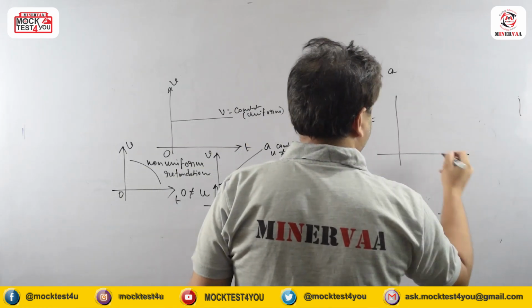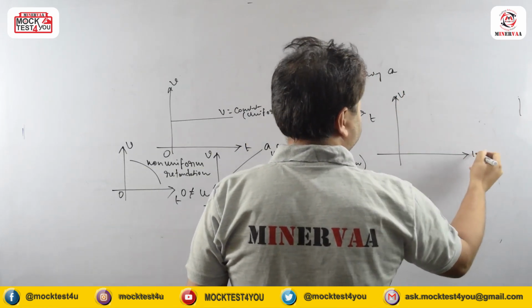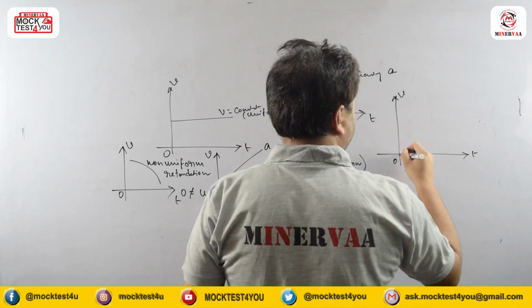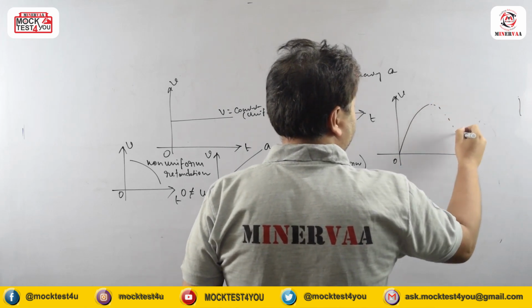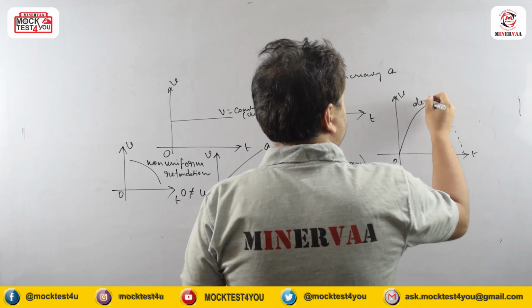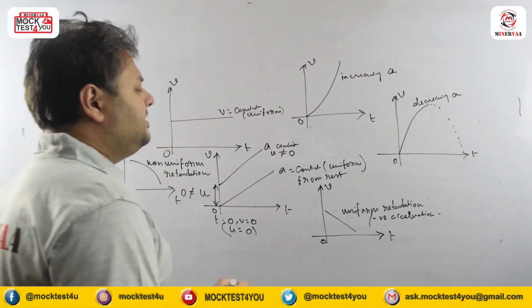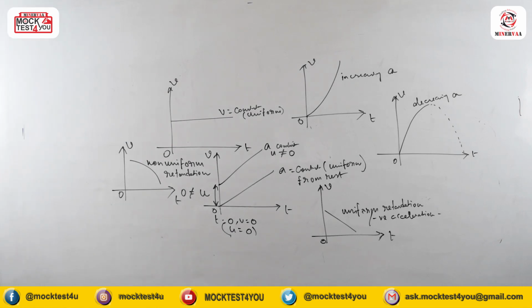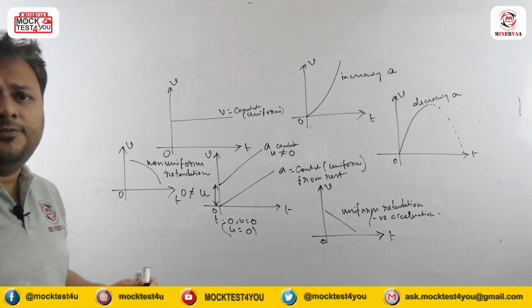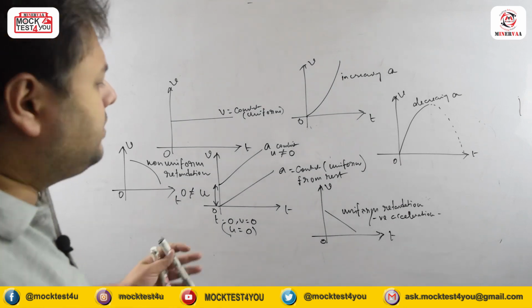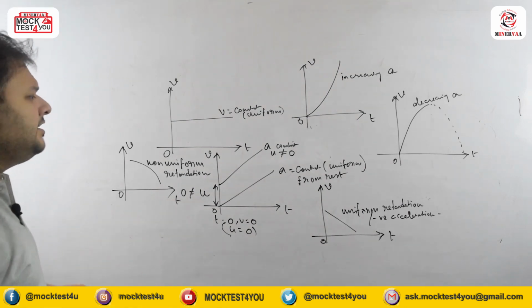Similarly, if we plot a velocity time graph and the graph shows a curve like this, this is called decreasing acceleration. These are the graphs we are drawing on the velocity time approach, and this is a very, very important issue.